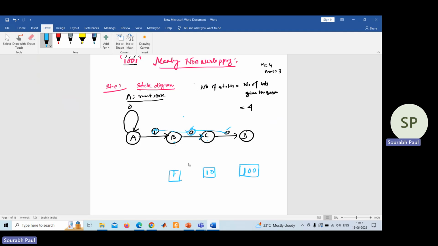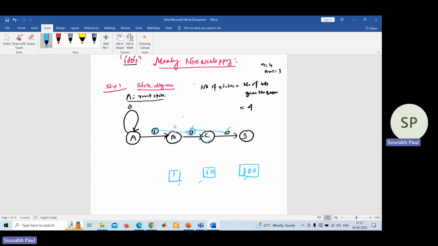So B is detecting 1, C is detecting 1 0, and D is detecting 1 0 0. These square boxes are not part of your state diagram, but I have drawn them to help you understand the state diagram. Okay, fine.